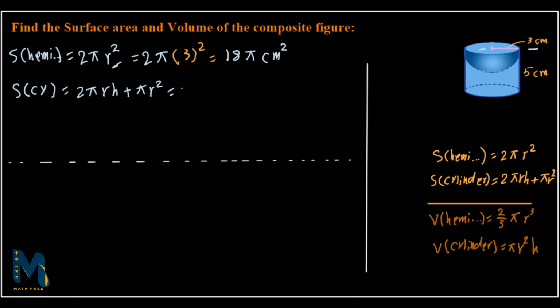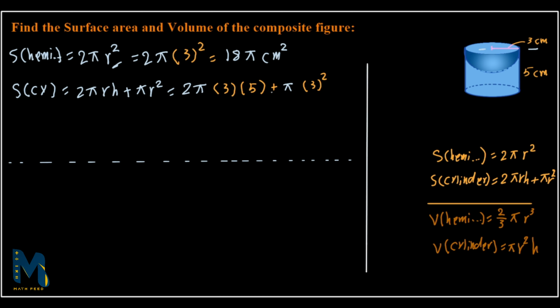So 2 pi, for a radius, our radius is 3, multiplied by h, which is 5, plus we have pi as itself, and we have r square, which is 3 to the power 2.